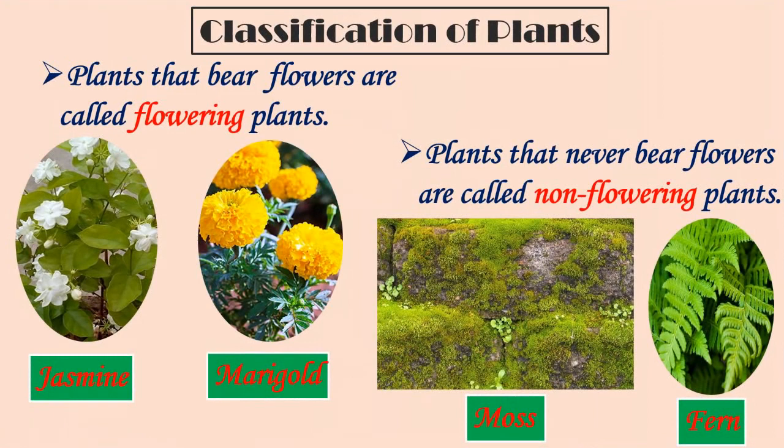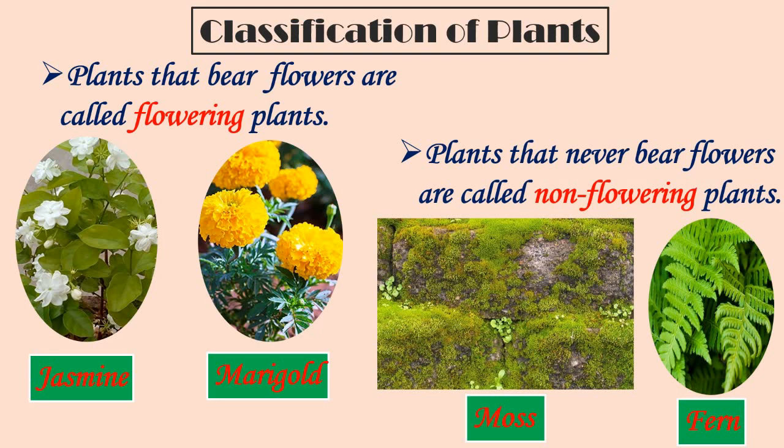Students, till now we have seen classification of plants based on their various features. When we see around us, we find that certain plants never bear flowers, while some are always bloomed with flowers. The plants that bear flowers are called flowering plants.